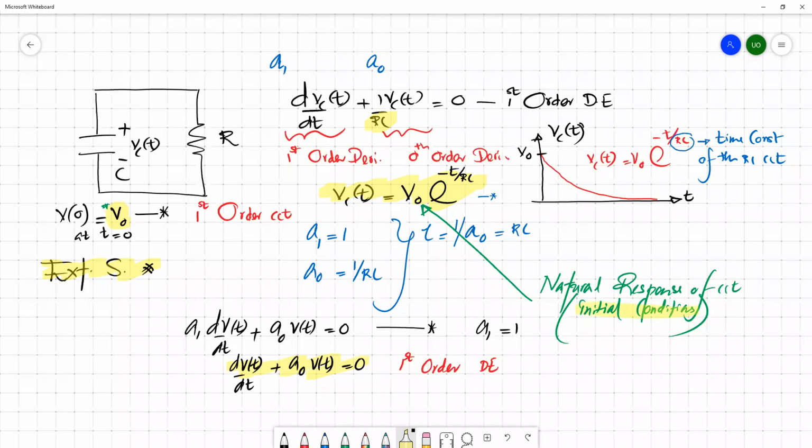If you connect an external source, the contribution coming from this external source is known as the forced response.